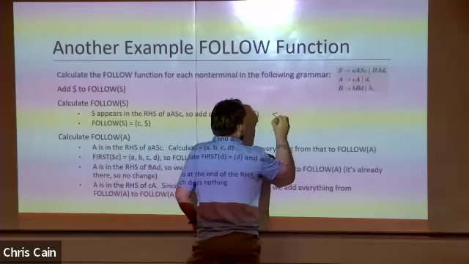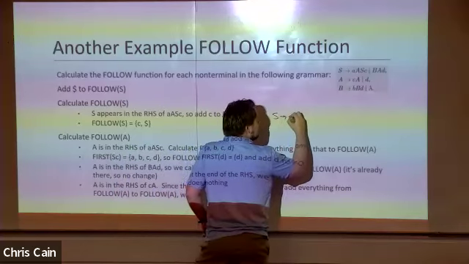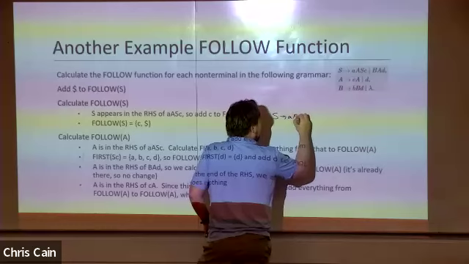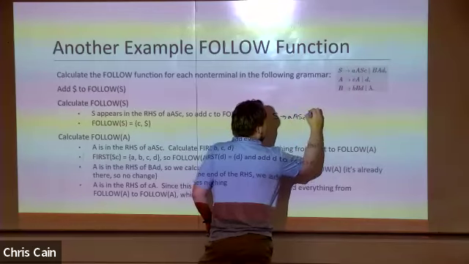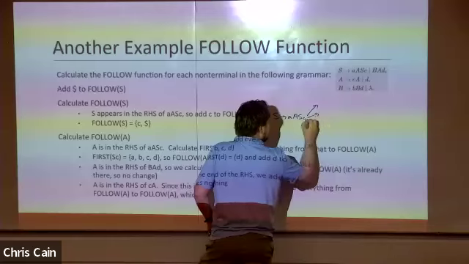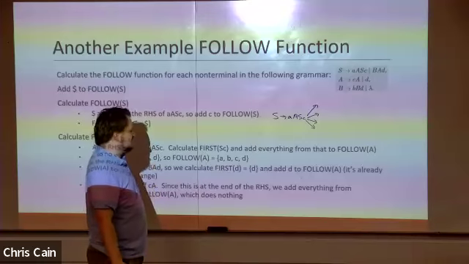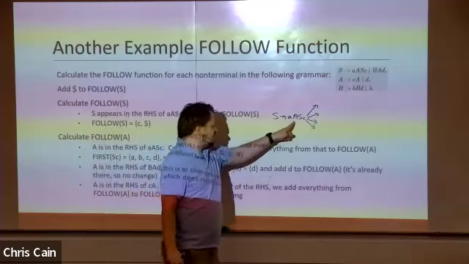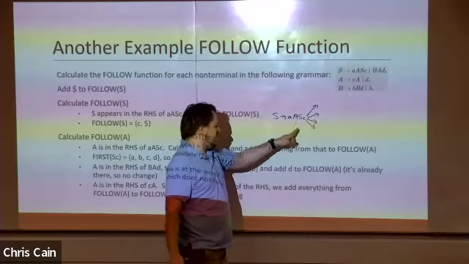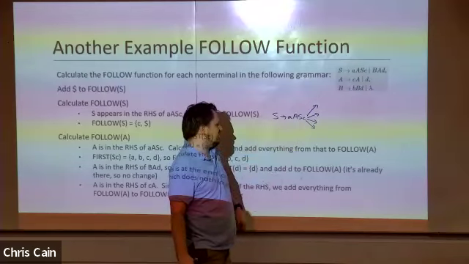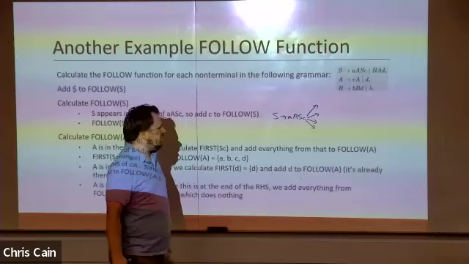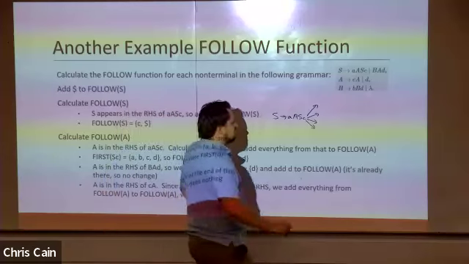So we have S arrow A, capital A, S, C, and I'm going to draw 4 arrows as the 4 possible directions that we could go from here to generate something that follows that A. So I'm going to leave this A as capital A and just move on with this capital S to show what could follow this A.